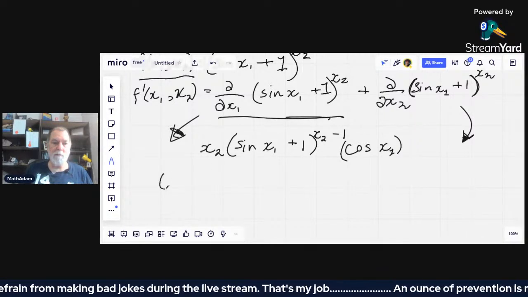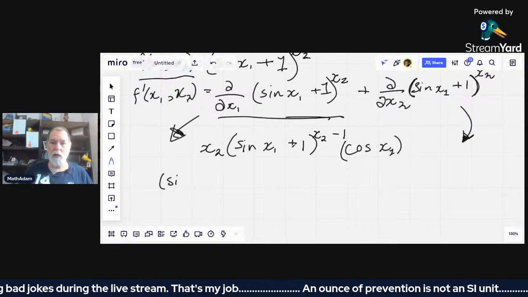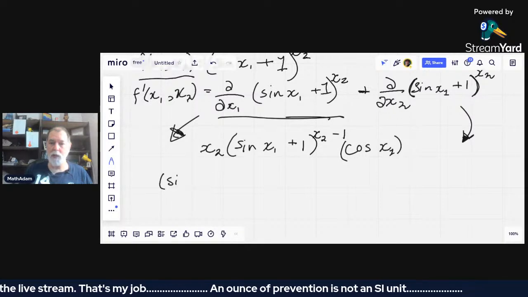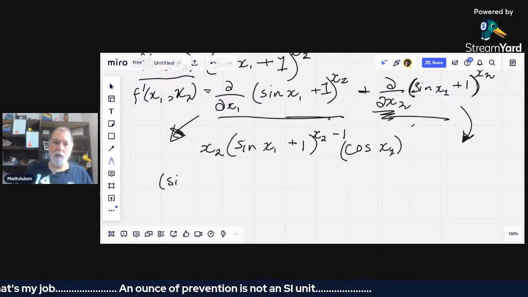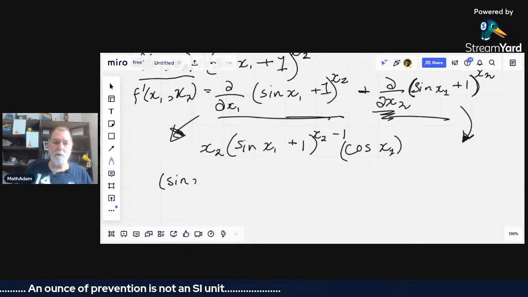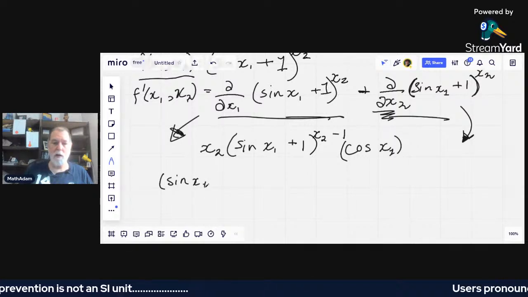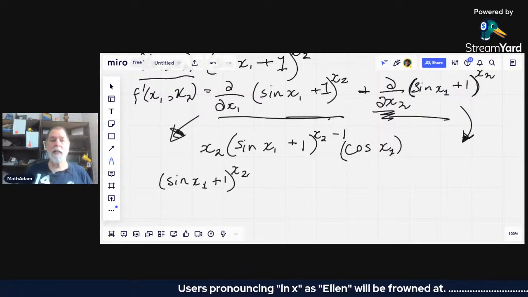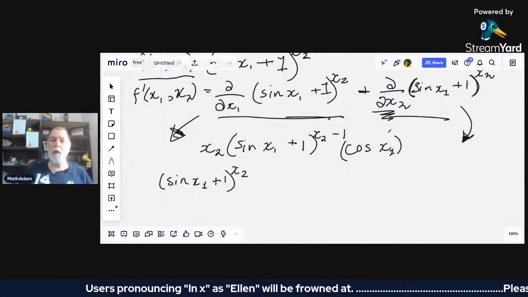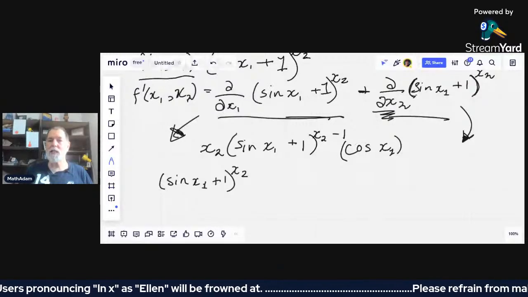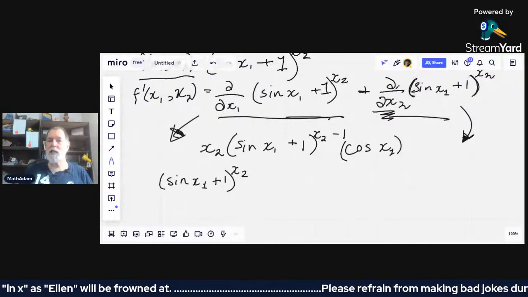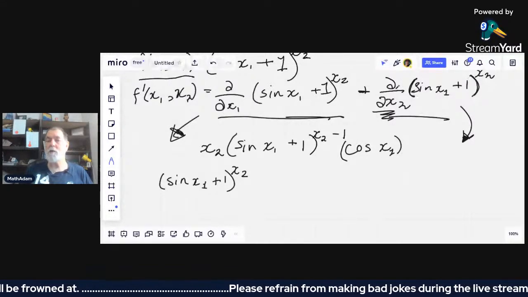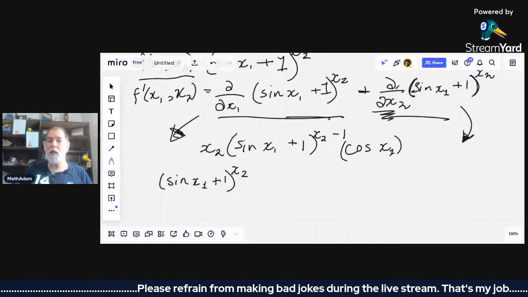Well, it's going to be the function itself, this part here, the function itself to the x2, times the logarithm of this base here, which in this scenario now is just a number.